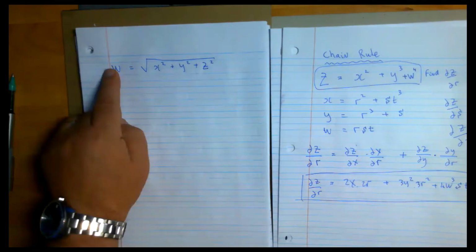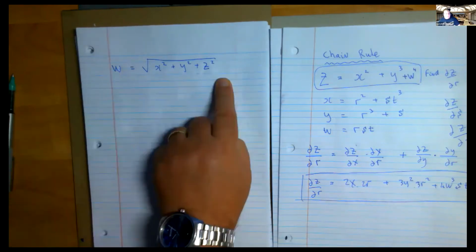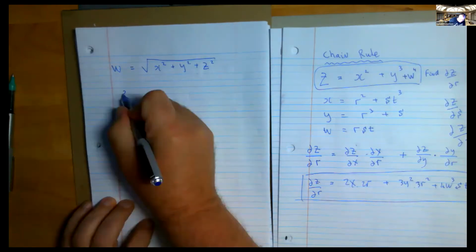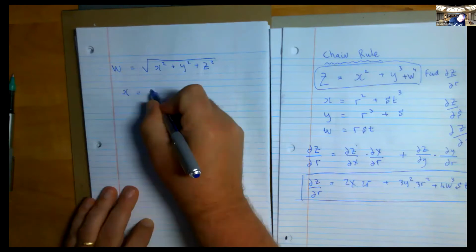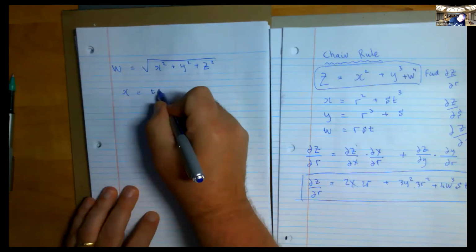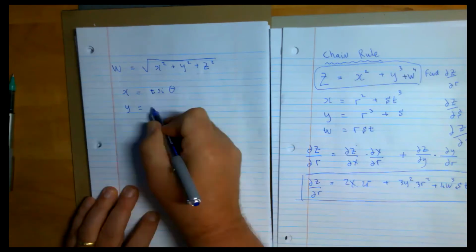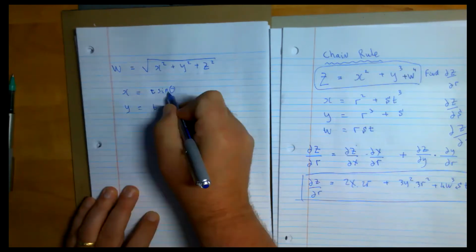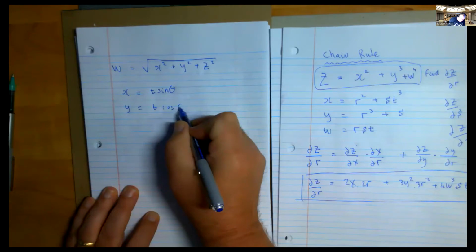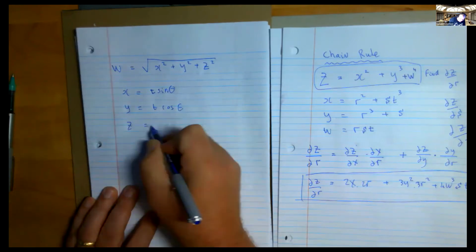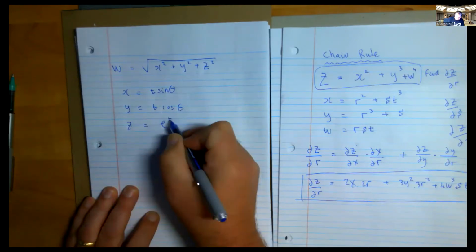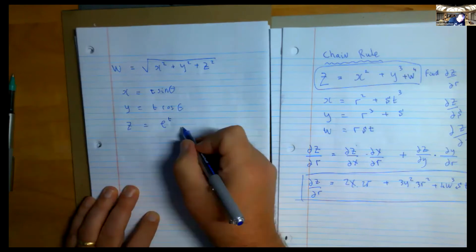So w is the square root of this ugly expression, and x is going to be t sine theta. y is going to be t cosine theta. And z is going to be e to the t theta squared. Right.